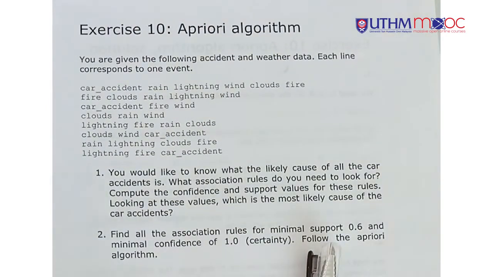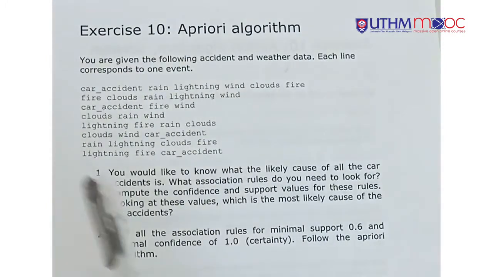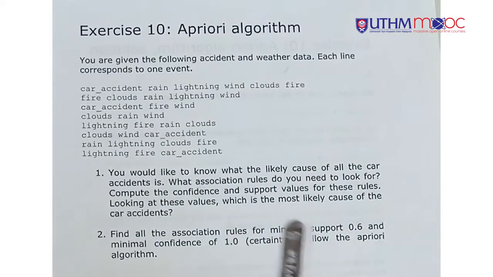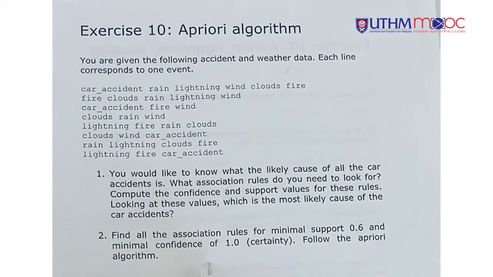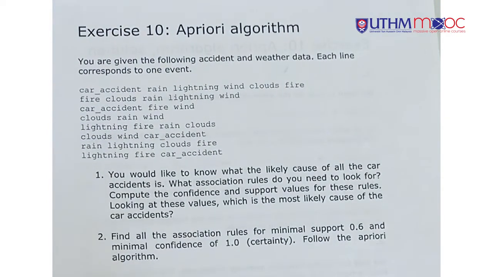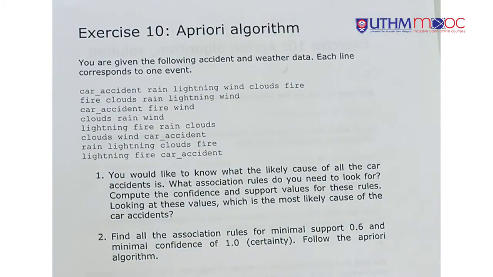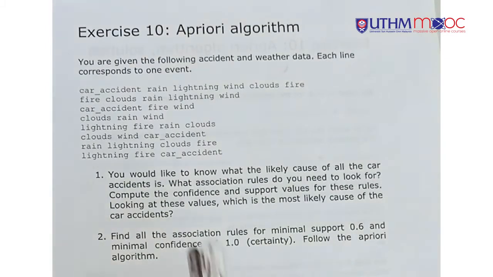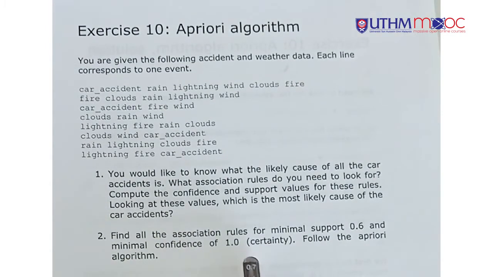That means an item set appears 6 out of 10 times in the list of events. The second step, after we generate all the item sets, is to generate the rules and find which rules have the minimal confidence of 1.